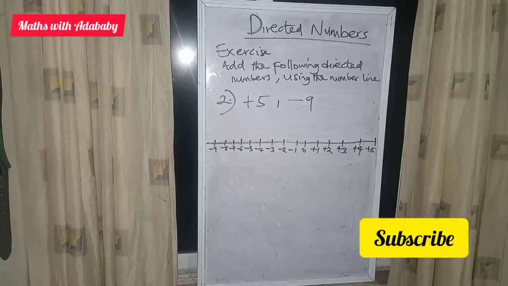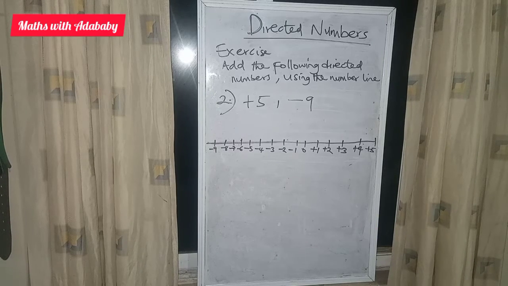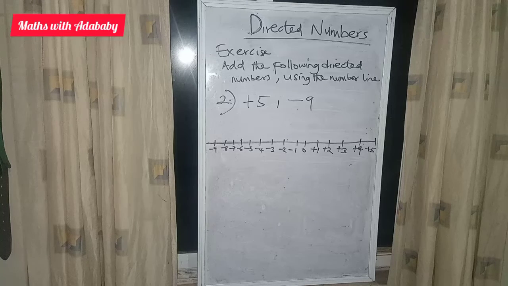Now, look at the number we have presented in the number line. We have plus 5 down to minus 9. So we can say we have minus 9 down to plus 5. You understand? So we have plus 5 represented in the number line, and we have minus 9 represented.